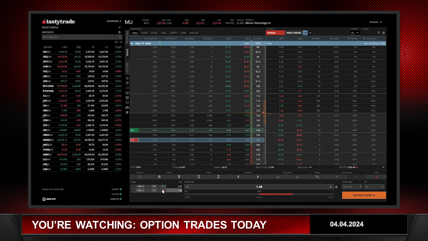Now I'm short 2 of these 155 calls. I'm short them for $10 plus the $1.46. Let's just say $1.50. That's $11 and change. That's why this green line is right around that 160. So you got $11 and change in total credits here, or possible credits that you could have. So your break even is up around 160-ish and a skosh.